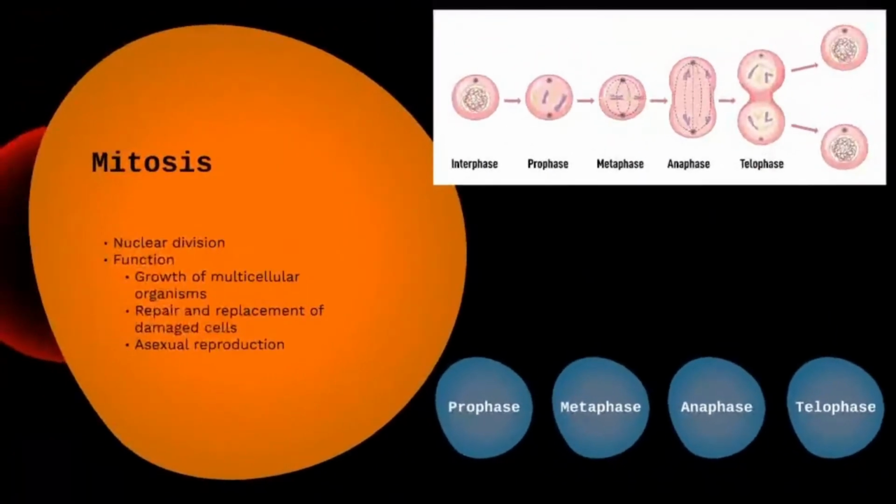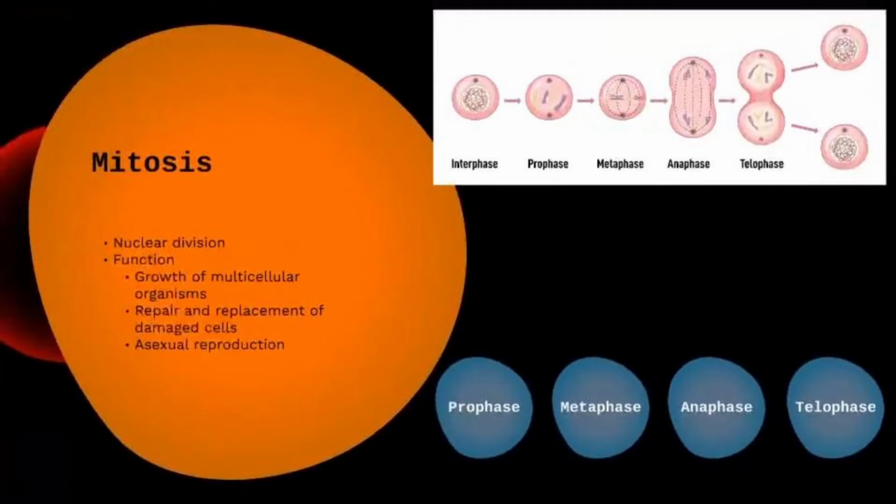I know that all sounds like a lot, but I'm just going to go over it again very briefly, and I would really recommend going back and listening to it too. Let's briefly summarize what happens in each of these stages. Prophase is when the chromosomes condense and the nuclear envelope disappears.